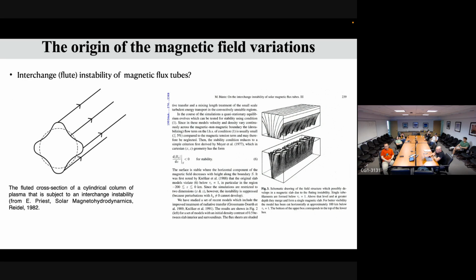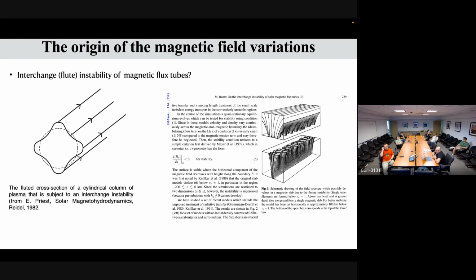So there are some nice theoretical works that study how important this interchange instability could be for magnetic flux concentrations with the same size as we have in plages in the solar photosphere.